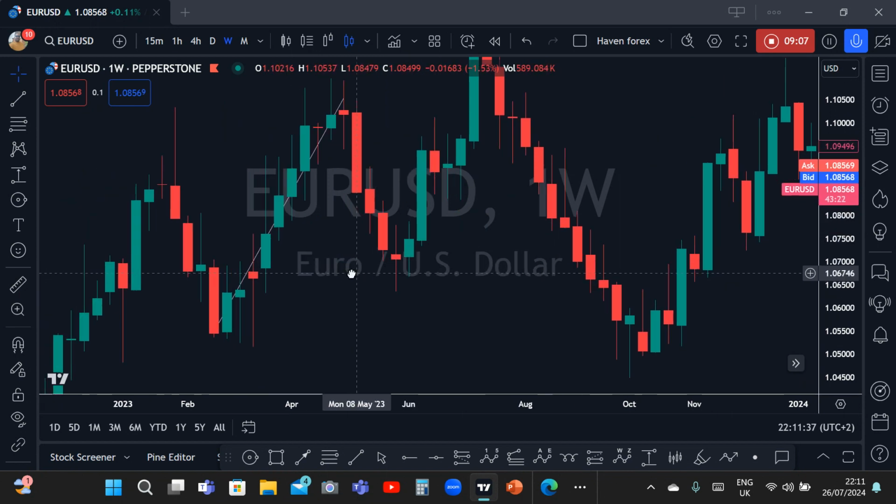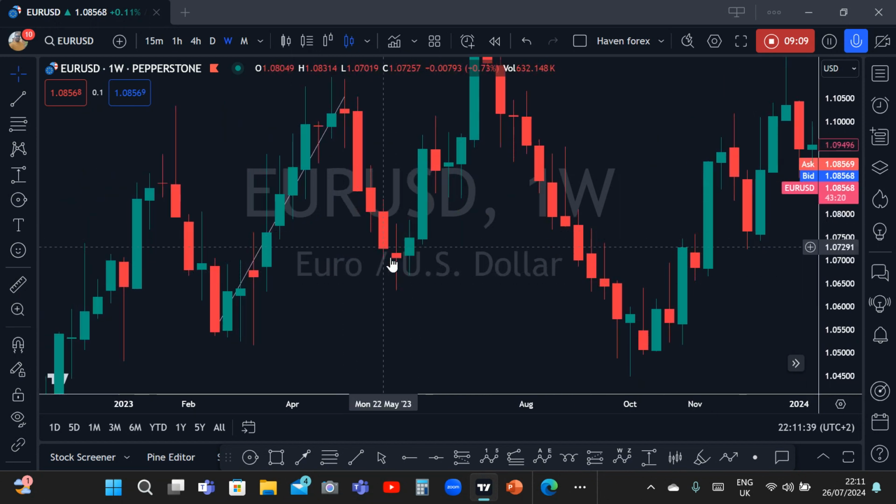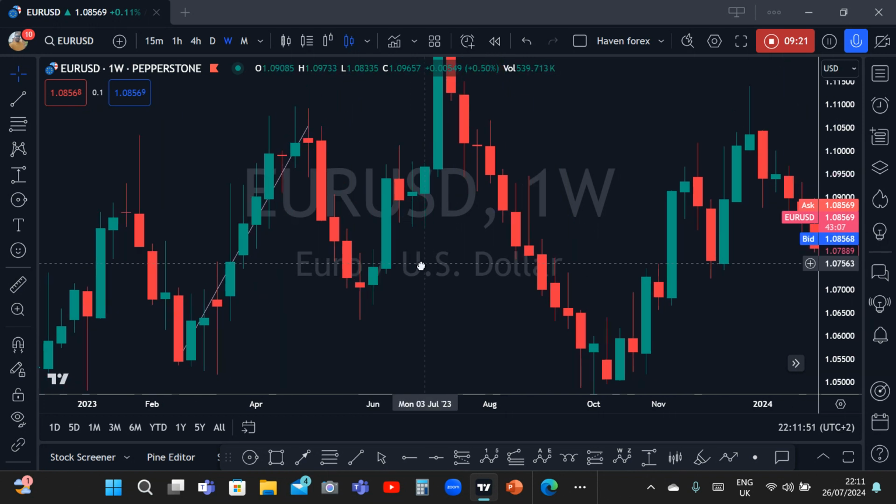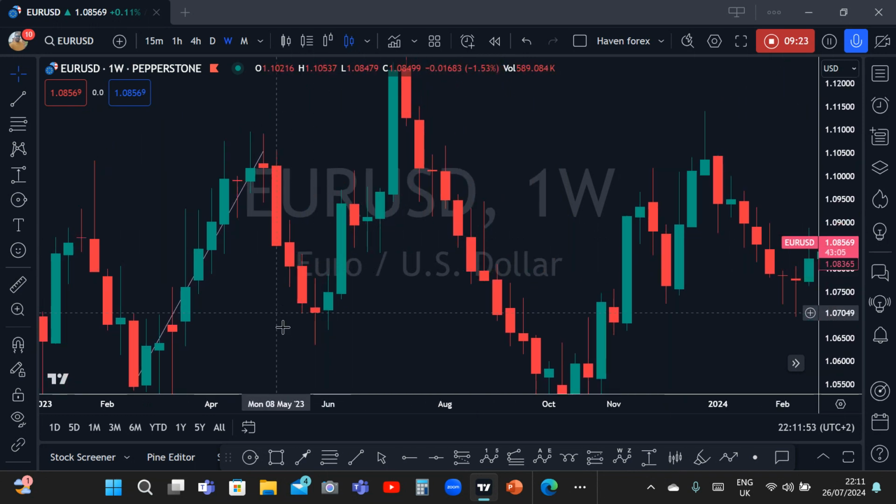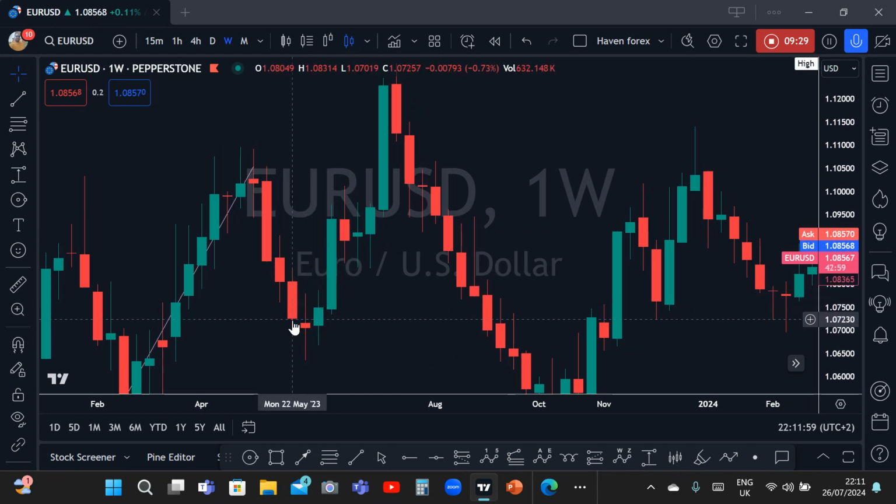The floor can be anywhere where there is a support. Anywhere that there is a support level, morning star formation will usually form there to give you a hint that price has found a support at that level and the trend is changing to be bullish.